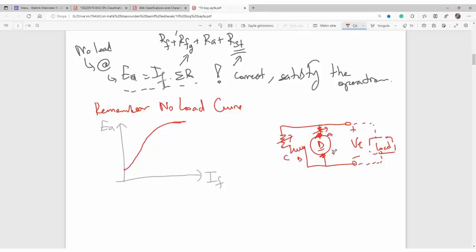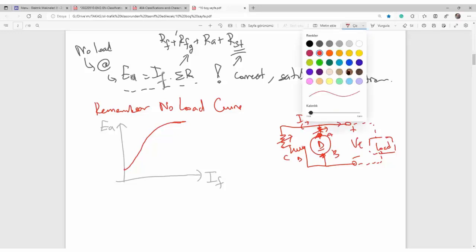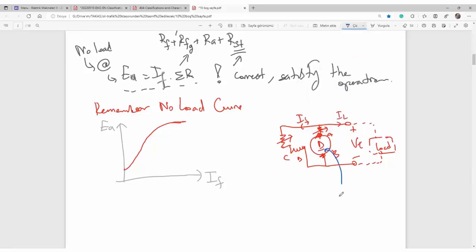And then here's field current, and here would be the load current in the future. Inside the system there is EMF, and here is terminal voltage.